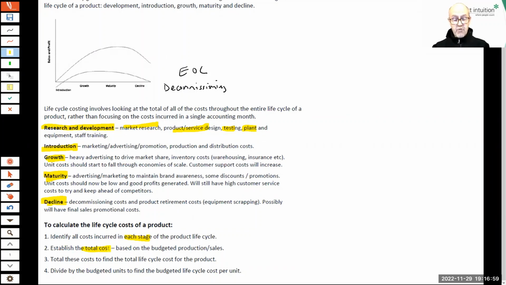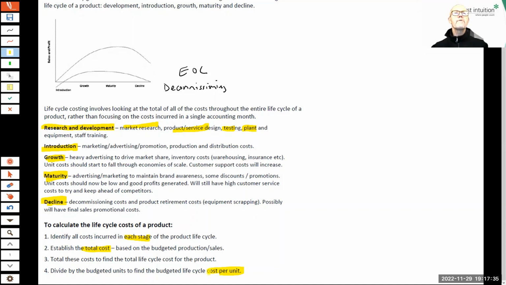And fingers crossed, the total costs that we've identified from before the beginning to after the end, divided by the number of units we think we can sell, will give a reasonable figure that's less than we think we can sell it for. So divide total costs by total units, and that will tell us over the course of that period of time the cost per unit.